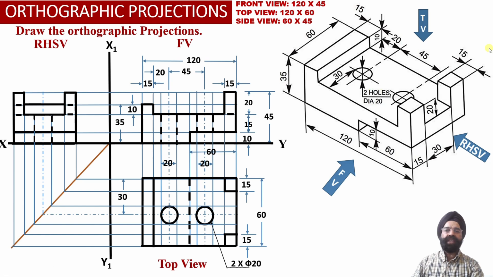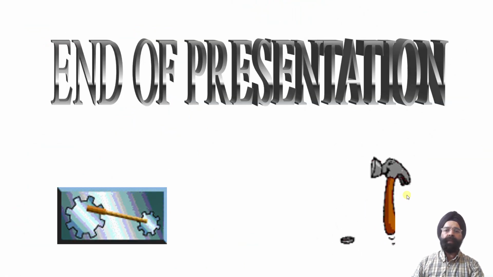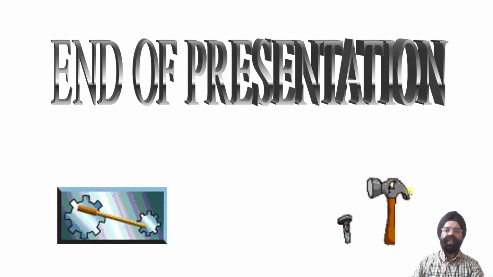I hope that through this discussion you would have understood the procedure to evaluate the orthographic projections of the solid when the 3D isometric projections of the solid are available with us. So this is all for today. We will be continuing with further discussion regarding a few more illustrative cases of orthographic projections of solids in the coming lectures. So thank you very much.